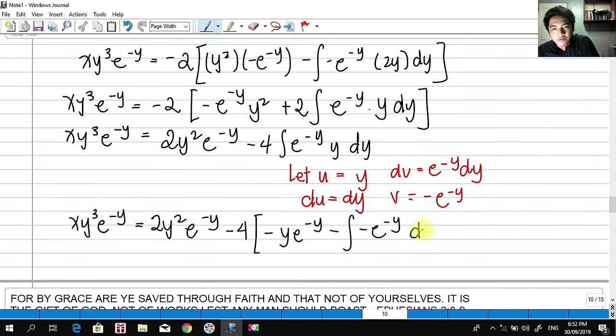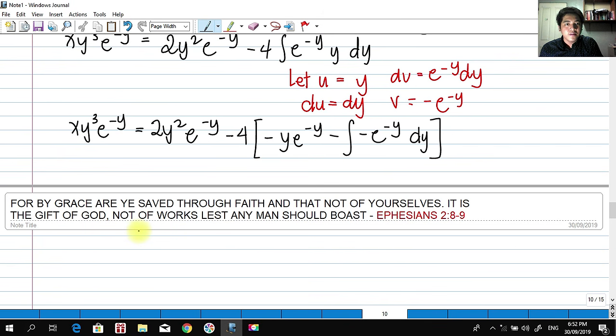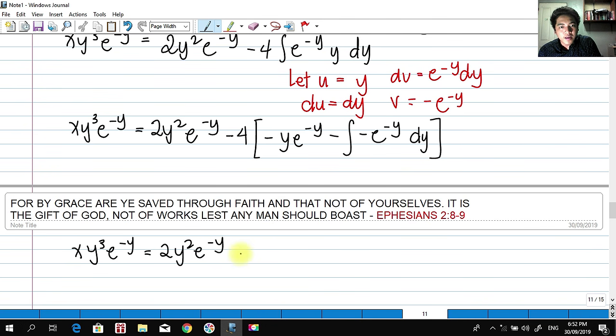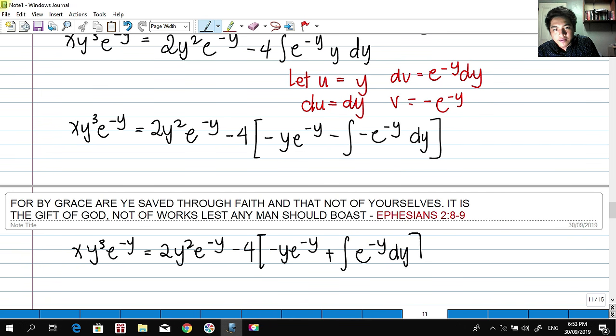Then finally, we have dy here because du is equivalent to dy. So upon simplifying, we have xy cubed e raised to negative y is equal to 2y squared e raised to negative y. If I'm going to simplify first this, I can factor out the negative sign outside the integral sign. So minus negative, that becomes positive. The integral of e raised to negative y dy.